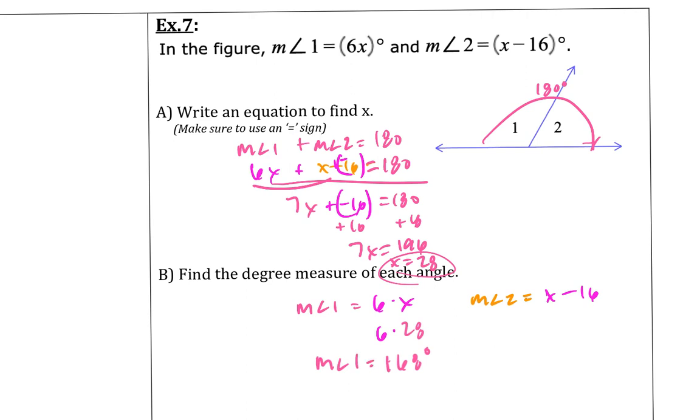The measure of angle 2 is going to equal 28 minus 16, which is 12 degrees. So we add those two together and we get 180, so we're good.